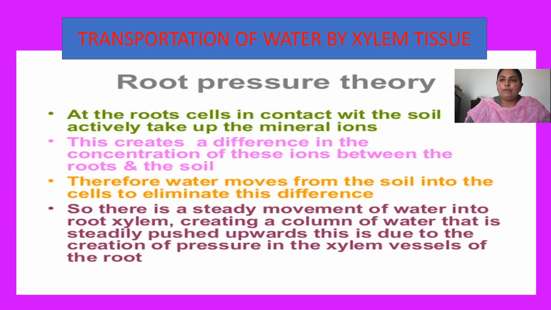So the first cell of the root contains a certain amount of these minerals, whereas it has very little water, and water is present in abundance in the soil. So a potential difference is created between the first cell of the root and the soil. These water molecules rush from the soil and enter into the first cell of the root.